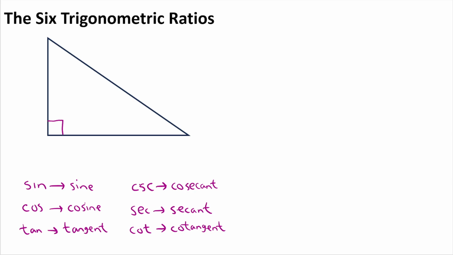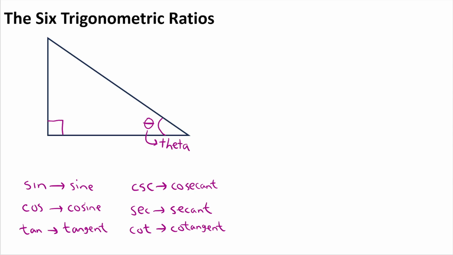But in trigonometry, we prefer the shorthand form: sin, cos, tan, csc, sec, and cot. You're probably wondering how this relates to the right triangle shown above. Well, if we're looking at trigonometric ratios, we're looking at angles. So first, let's acknowledge that there is an imaginary angle theta right here. This symbol represents theta.